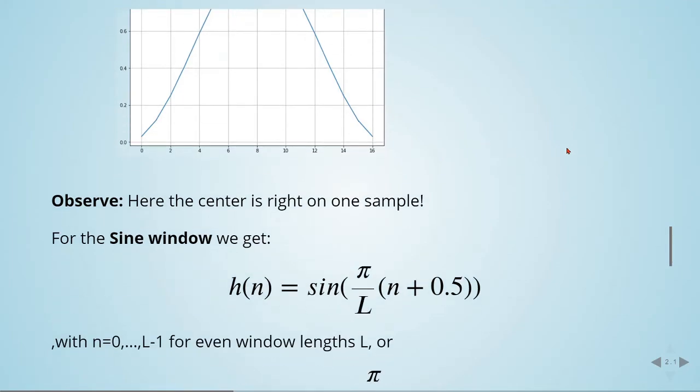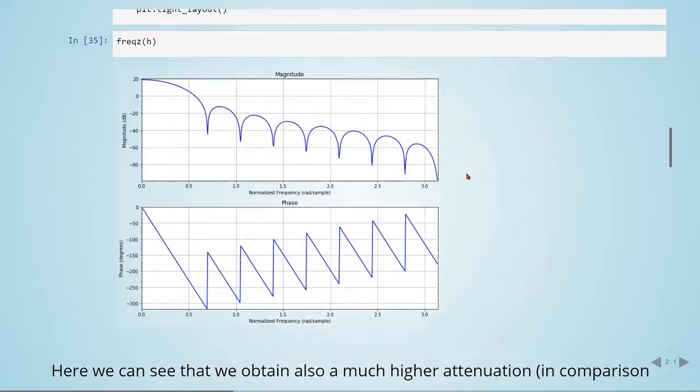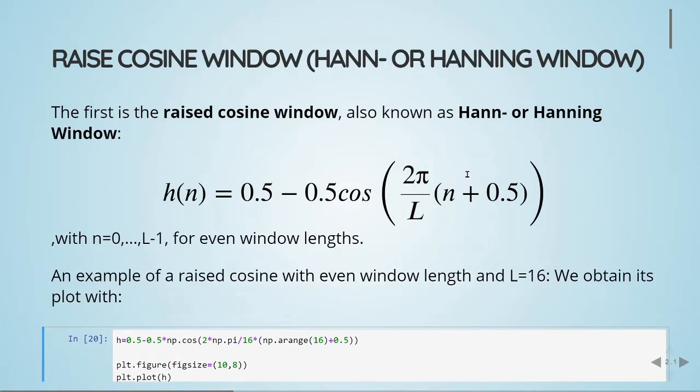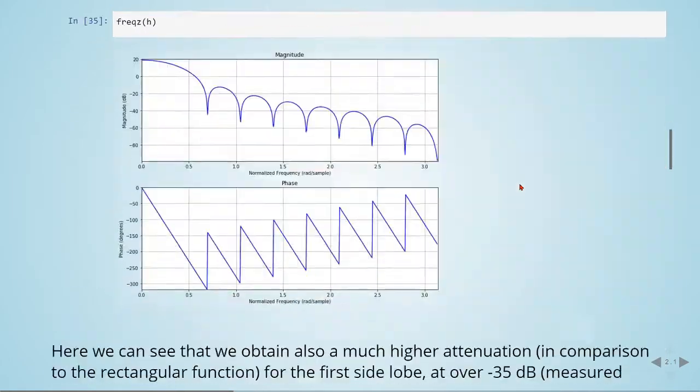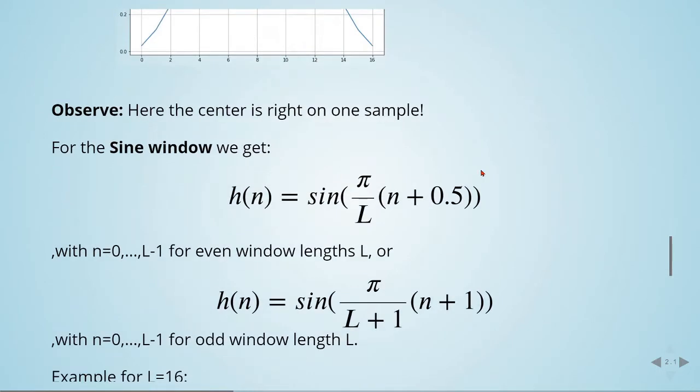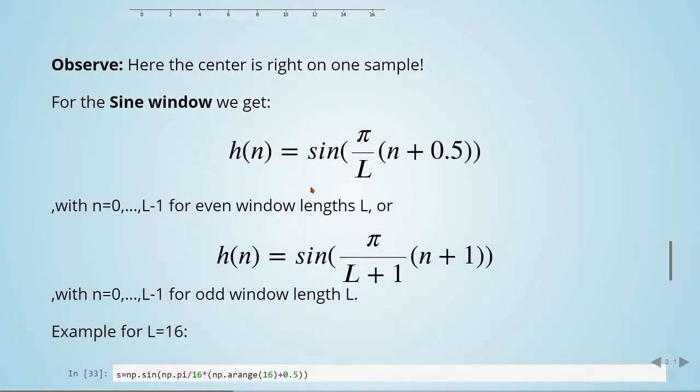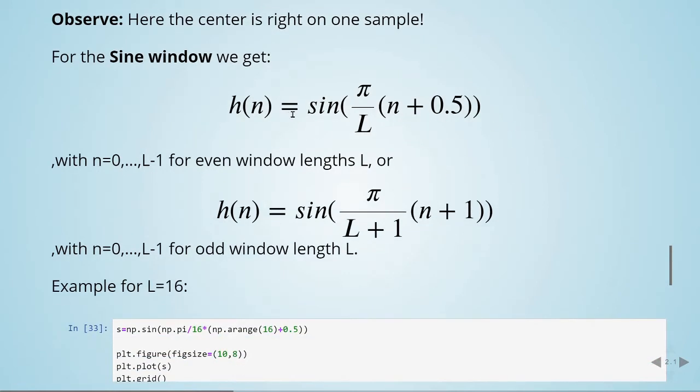Another window, which is not a raised cosine window, is the sine window. It's widely used, and the equation for the sine window is given by these functions here. We have this for even lengths or for odd lengths, with this difference here.